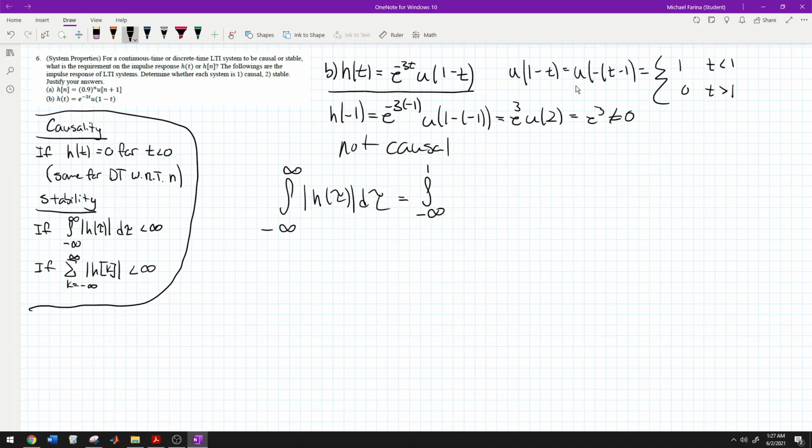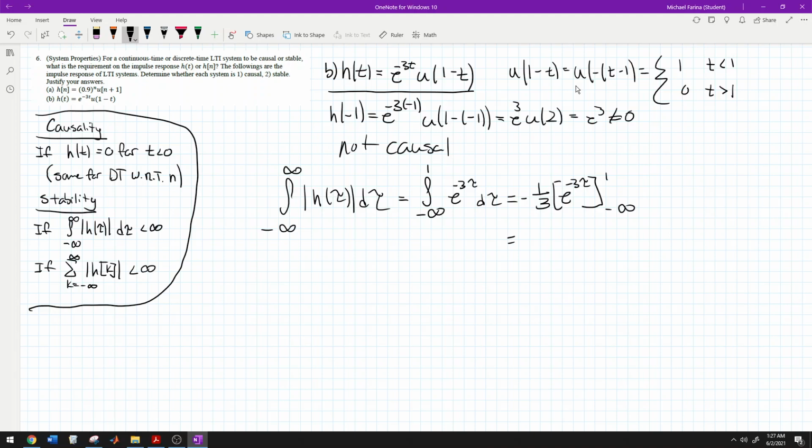And like I said, it can't ever be negative, so it's going to be e to the negative 3 tau d tau. Then we perform the integration of this, and we're going to get negative 1 over 3 e to the negative 3 tau, going from negative infinity to 1.